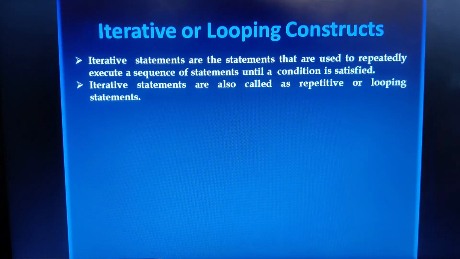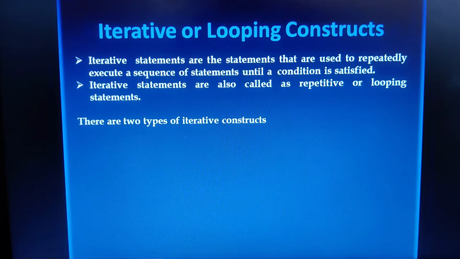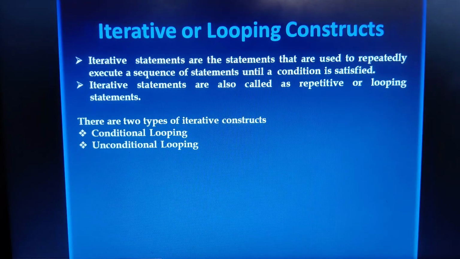Now in the case of iterative or looping statements, we have two different types of constructs, that is conditional and unconditional looping statements. Now what exactly are conditional looping statements? Conditional looping statements are those groups of statements which will repeatedly execute until some logical condition is satisfied.